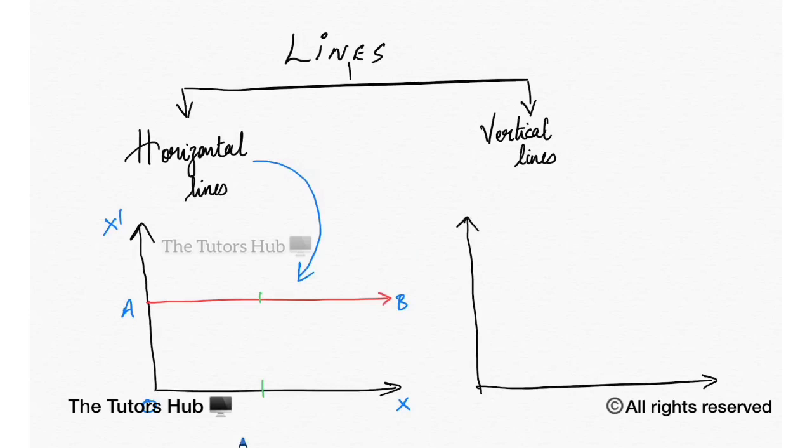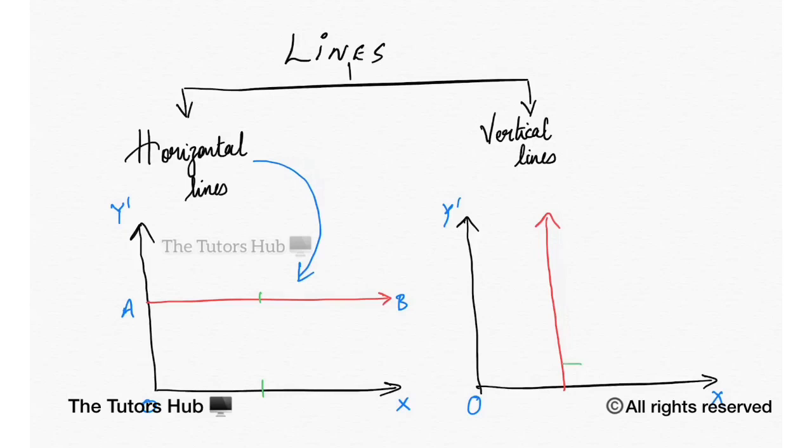Now coming to the case of vertical lines, we are again considering the Cartesian coordinate system OX and OY. You can see the red line, which is our line under observation. On close observation, this line is parallel to the y-axis and perpendicular to the x-axis.